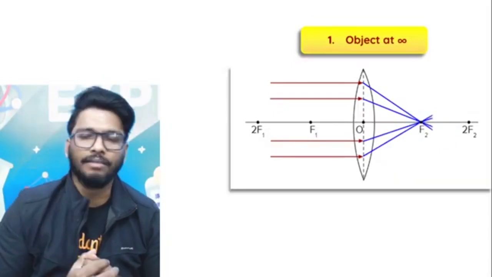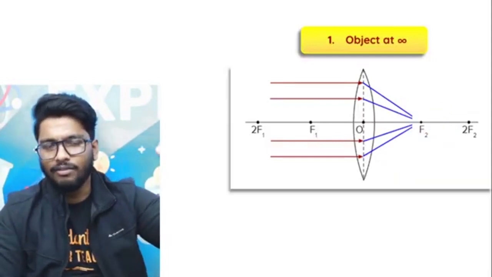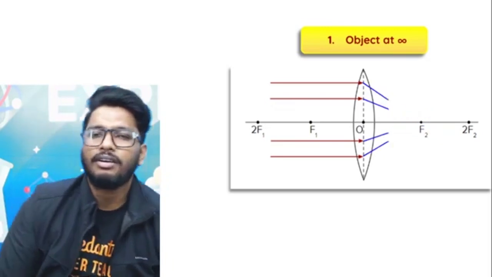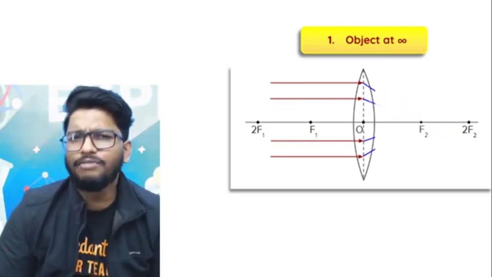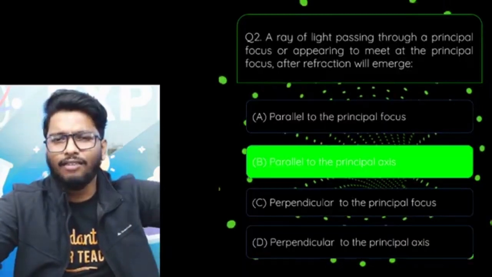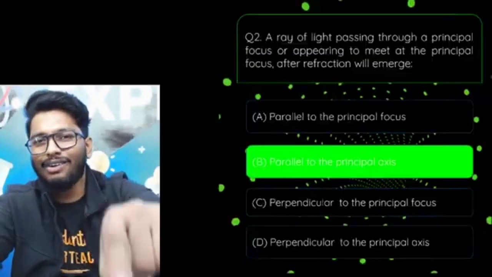So guys, once again, if the object is placed at infinity, that means the rays of light are coming parallel to the principal axis and will be incident on the lens. After refraction, because they are all parallel to the principal axis, according to the standard incident rays, what's going to happen? After refraction, it will pass through the focus. So here also it is the exact same thing.